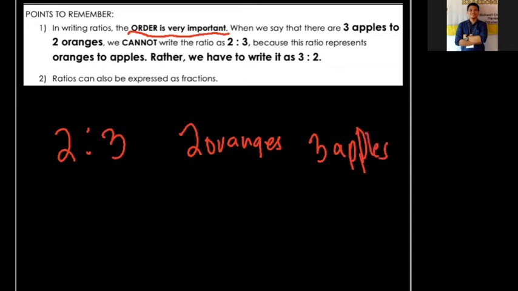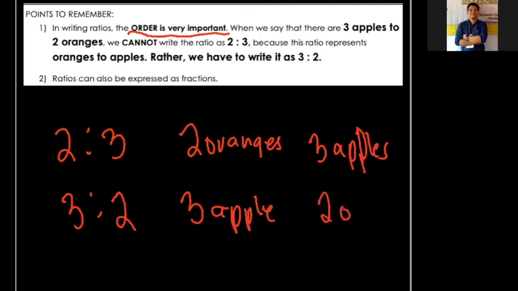If we say 3 is to 2, this is represented as 3 apples and 2 oranges. That's why position or order of the numbers is very important. And as we said a while ago, we can represent the ratio as a fraction.